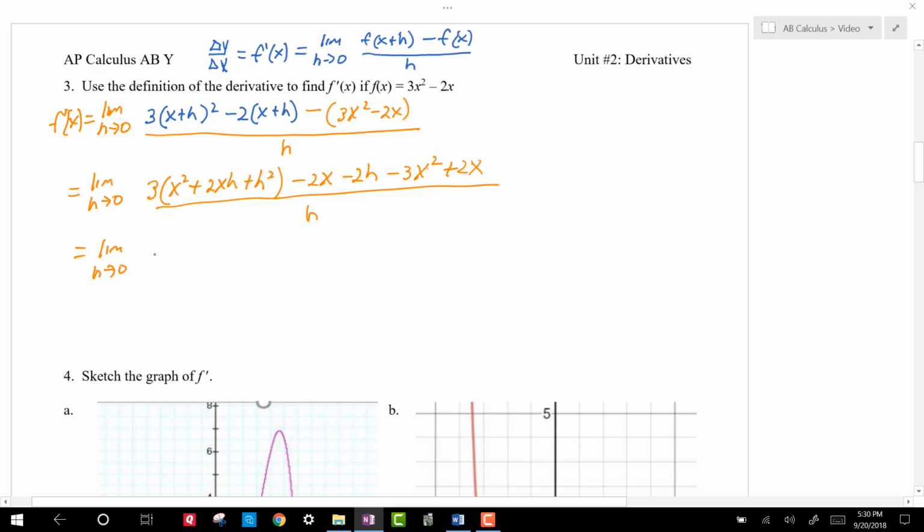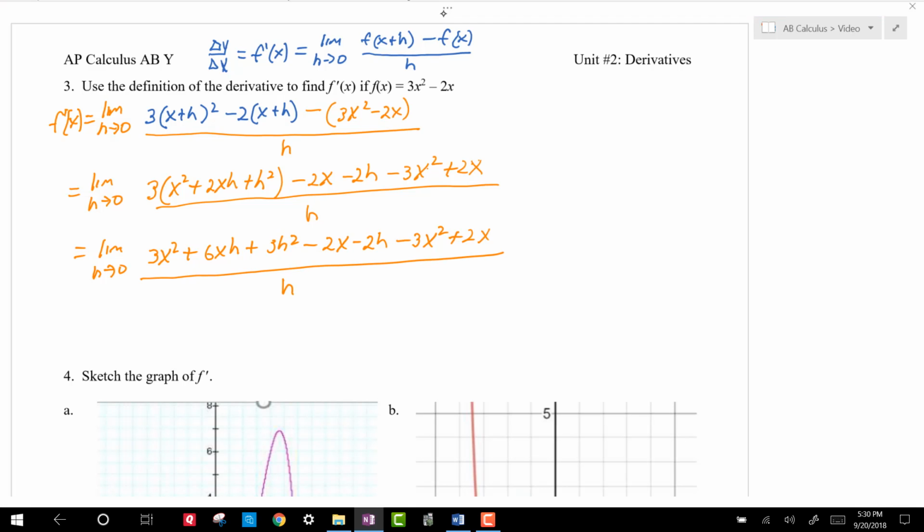All right, so I'm going to distribute the 3. This is 3x squared plus 6xh plus 3h squared minus 2x minus 2h minus 3x squared plus 2x, and all over h. Okay, let's do some canceling here. All right, 3x squared in the front, negative 3x squared in the back.